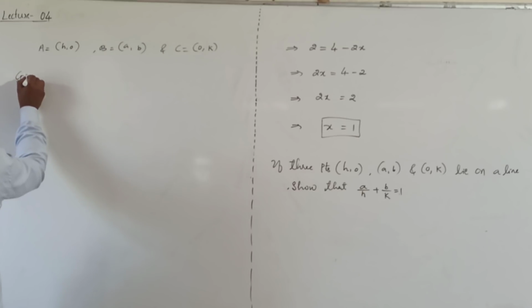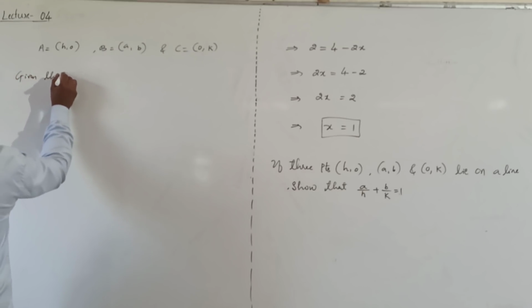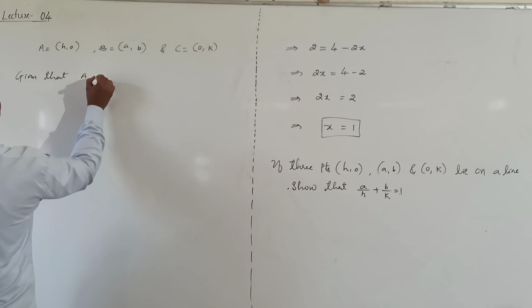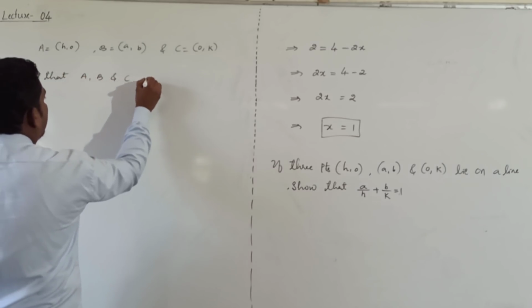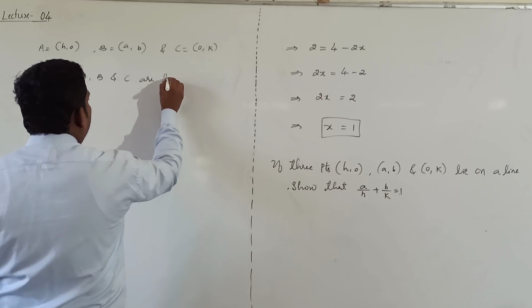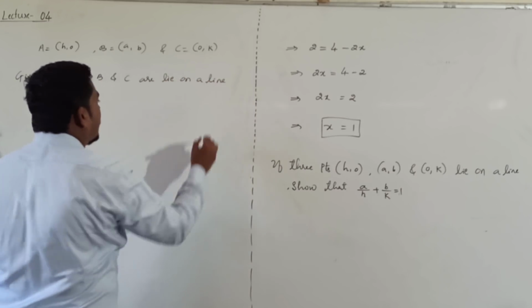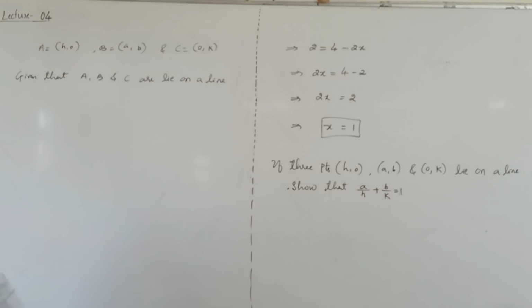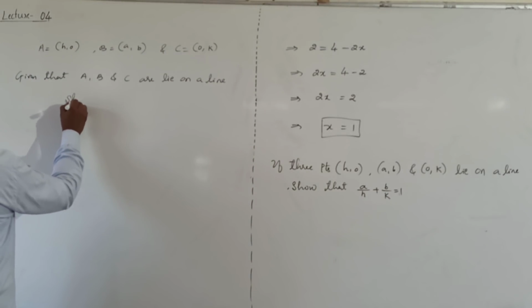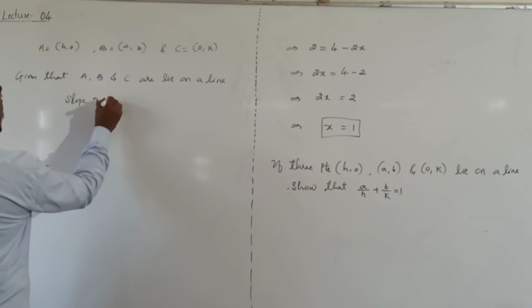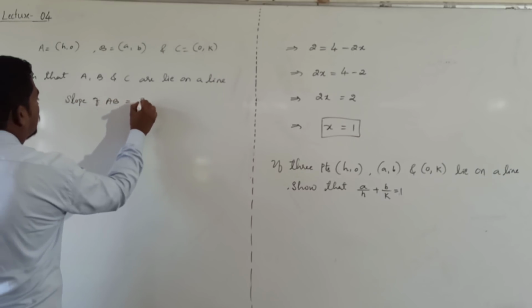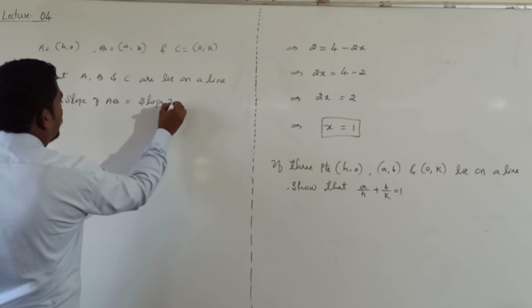Given that A, B and C lie on a line. Lie on a line means they are collinear only, meaning slope of AB is equal to slope of BC.